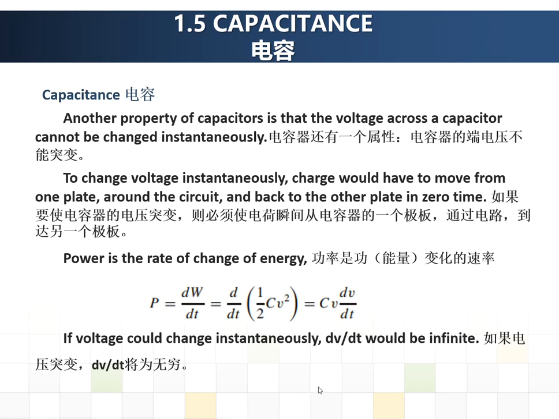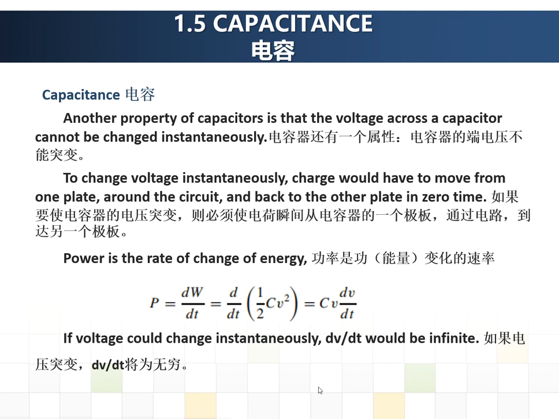Another property of capacitors is that the voltage across a capacitor cannot be changed instantaneously. To change voltage instantaneously, charge would have to move from one plate around the circuit and back to another plate in zero time, which in reality won't happen.